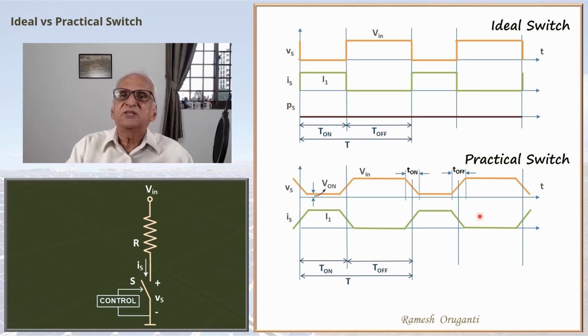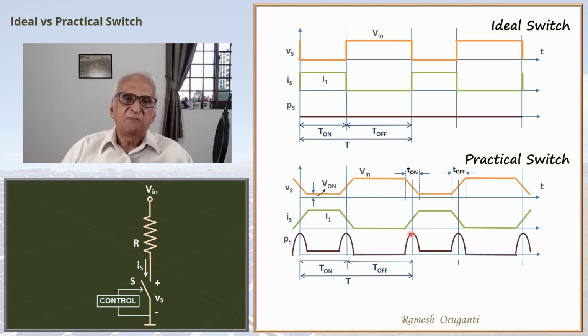So we can plot the power loss waveform, that is the power in the switch waveform, PS. Again, if you notice this part, this is the conduction power loss when the current flows and the voltage drop is small but not zero. During the off interval, power loss is zero because practically the switch leakage current will typically be very close to zero.